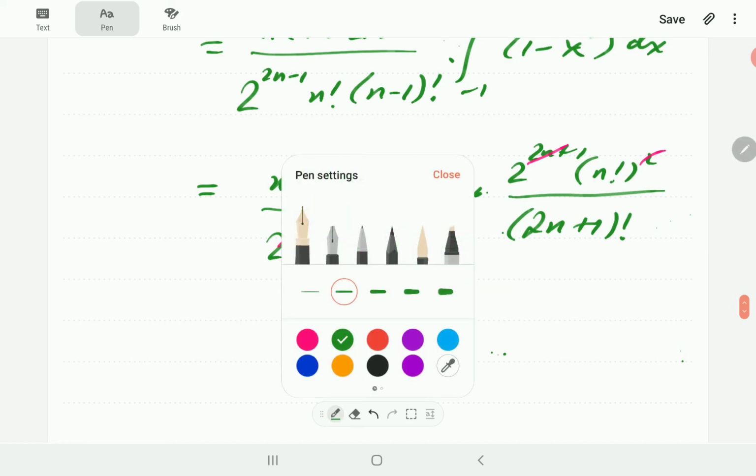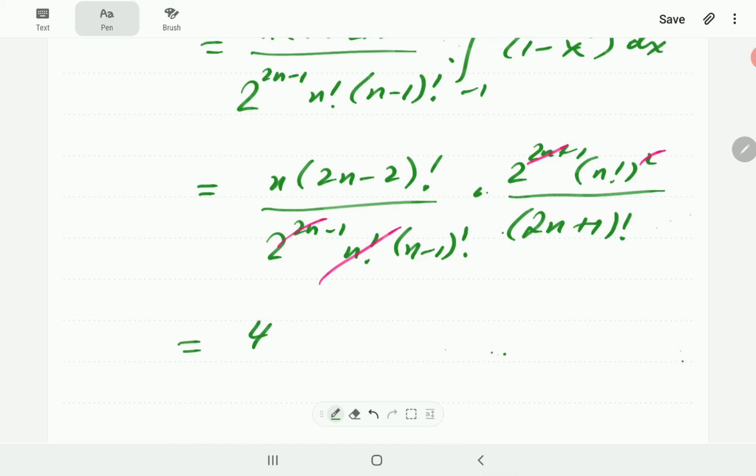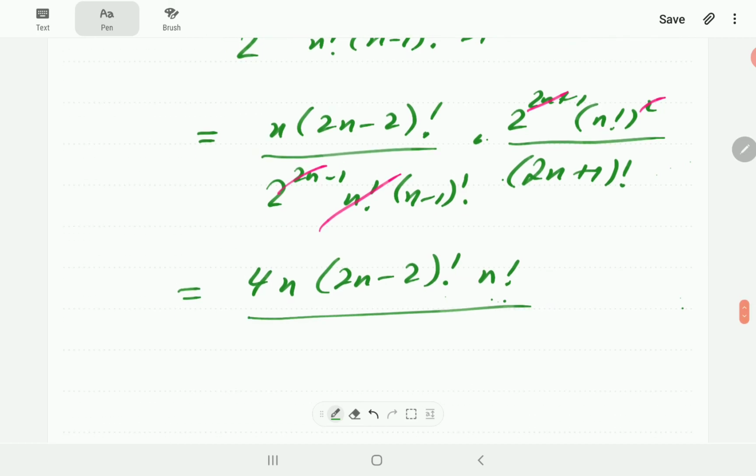So it's going to be 4 in the numerator, 2n minus 2 factorial. Then there's still an n factorial left there, n minus 1 factorial in the denominator, and 2n plus 1 factorial.